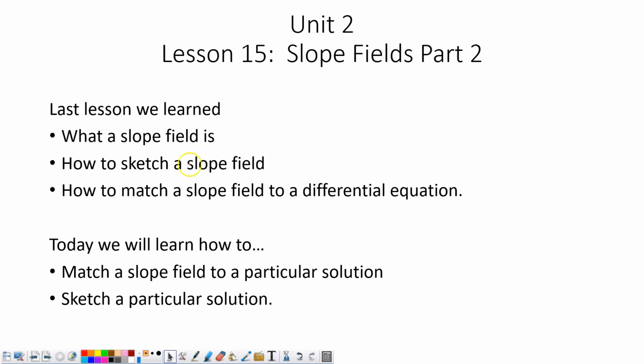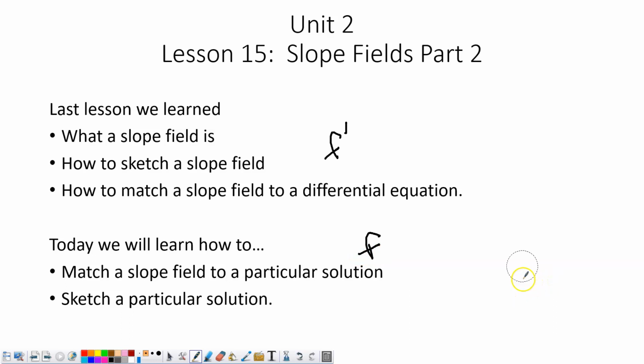So, in other words, last time we were dealing primarily with matching the graph to f prime. But today we're going to be matching the graph to the original function f.